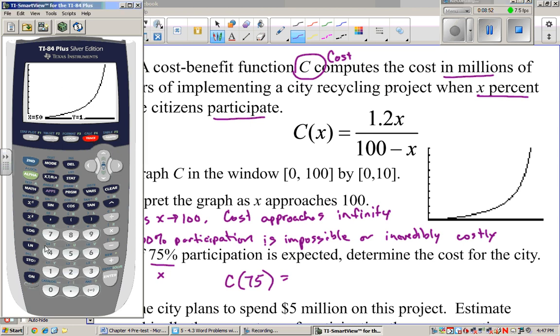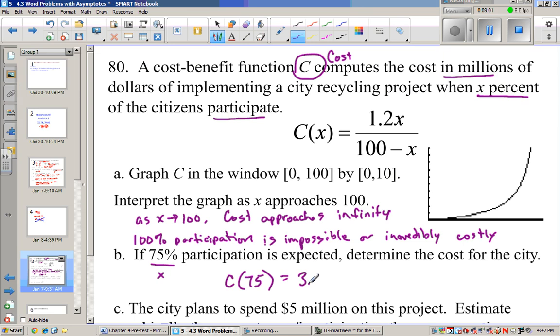So I'm going to hit trace, 75, enter, and there it is right there. So when x is 75, y is 3.6. Or if we think of our units, it's $3.6 million. So the cost for 75% participation is $3.6 million.